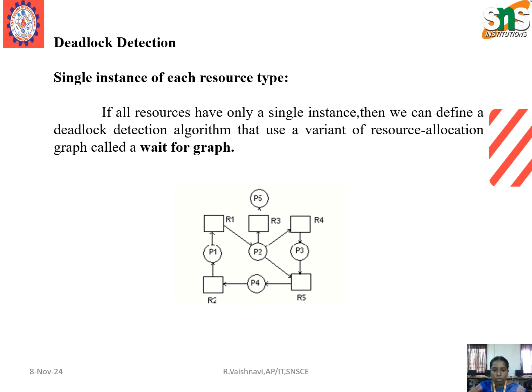Here we have the resources defined as R1, R2, R3, R4 and R5, and the processes defined as P1, P2, P3, P4, P5. If the process P1 requests resource 1 and the request for resource 2 is also given to process 1, a graph like this is known as a wait-for graph.